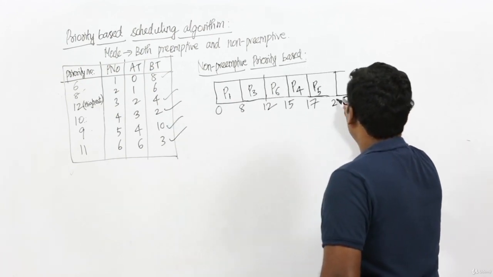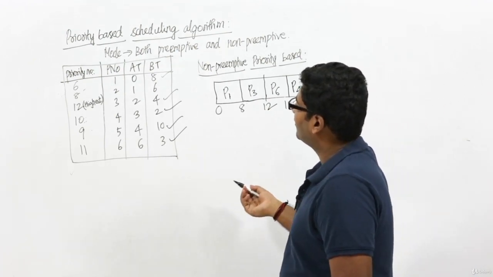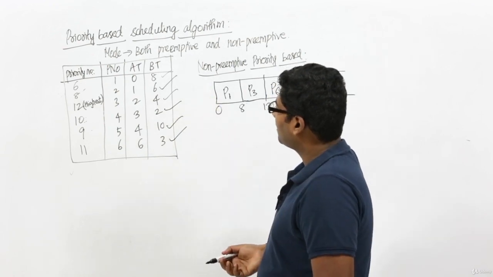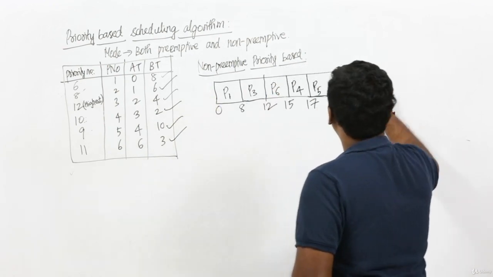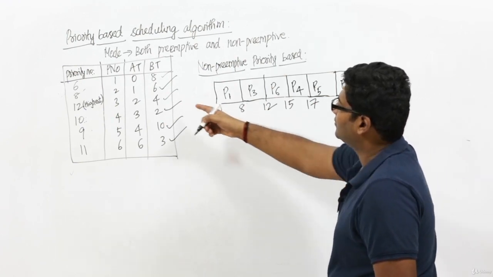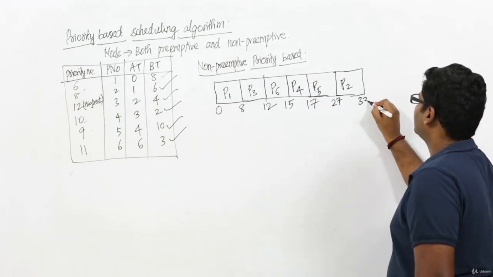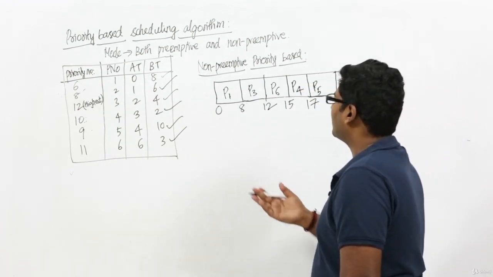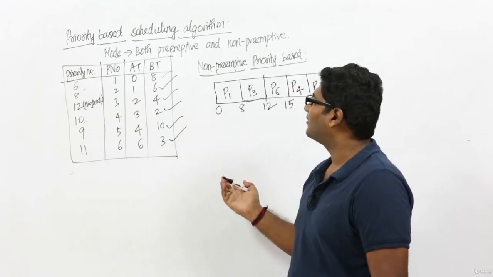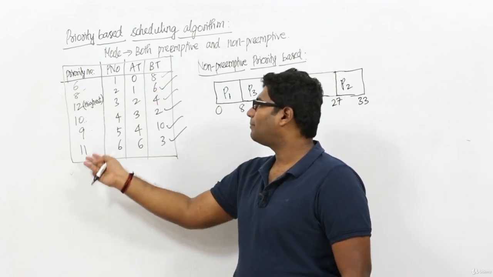Now the only process remaining is P2, and P2 will continue till 33, right? P2 has a burst time of 6, so from 27 to 33. This is what we mean by non-preemptive priority based scheduling. Actually it is very simple, right? We were seeing the burst times before, rather here we are seeing the priority number.